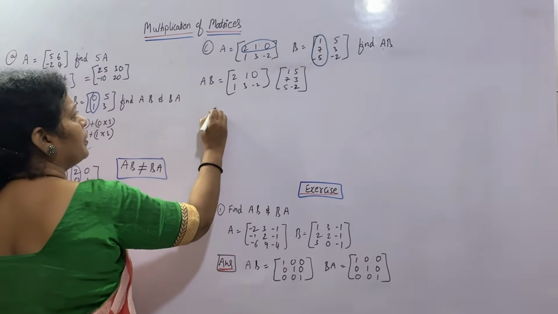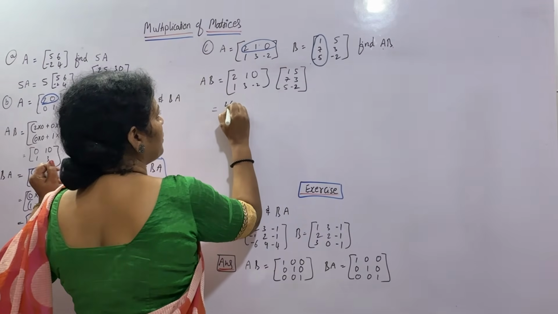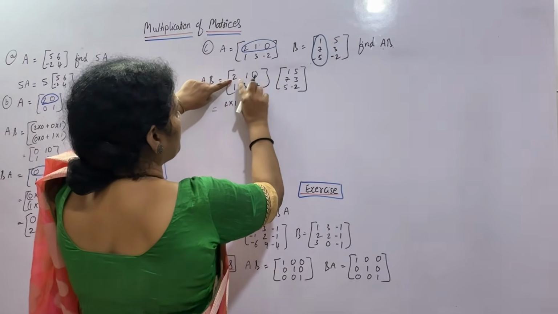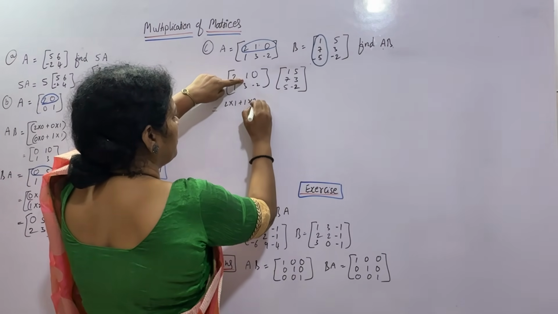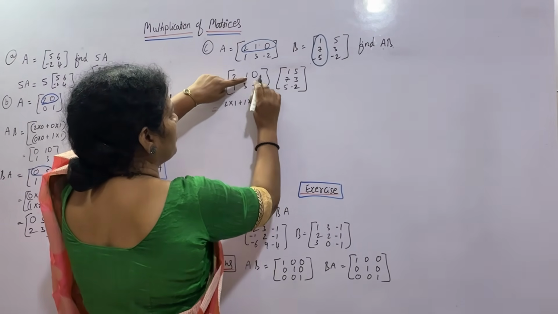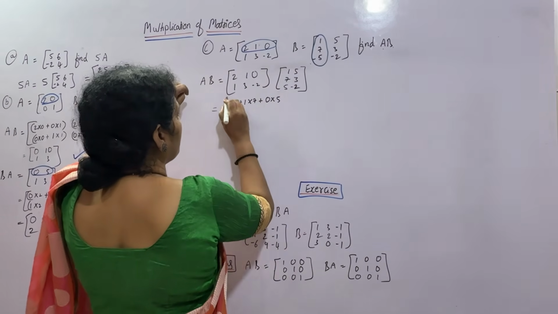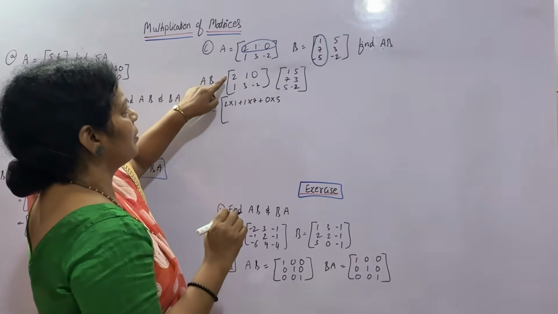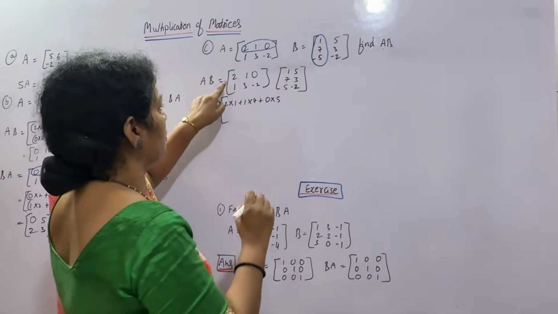Okay. Now, 2 into 1, 2 into 1 and 1 plus 1 into 7 plus 0 into 5. Next, how do you get? This is multiplied with another column.